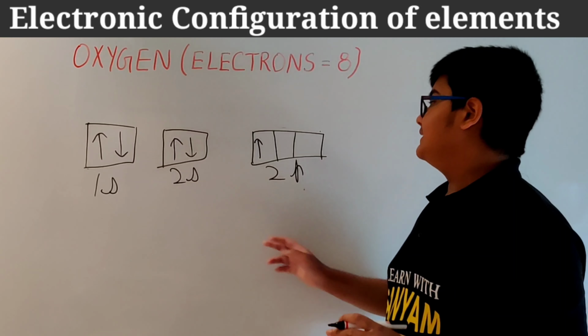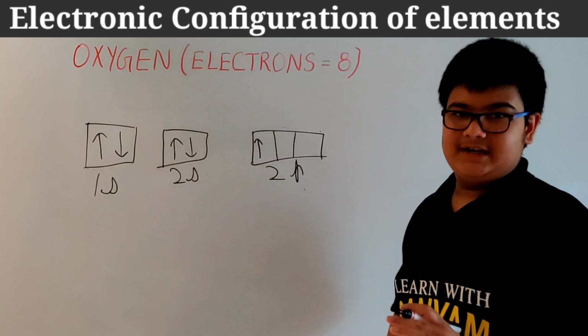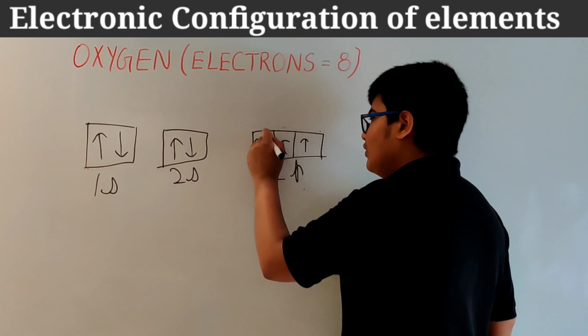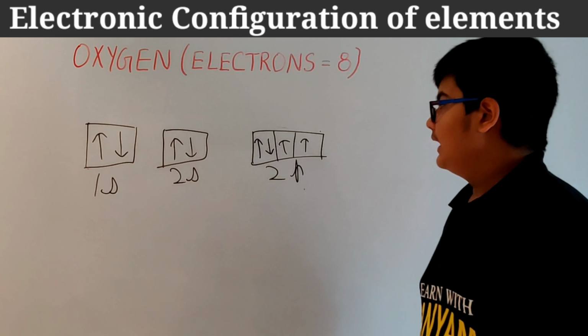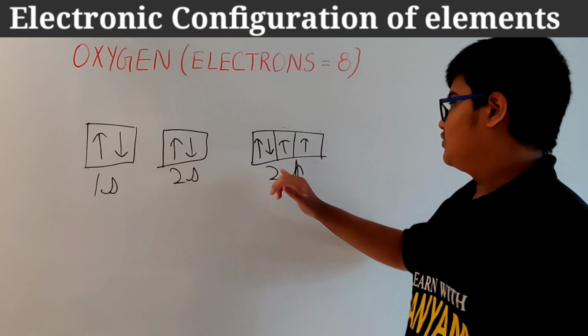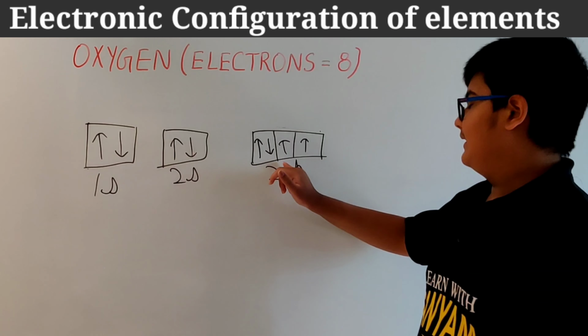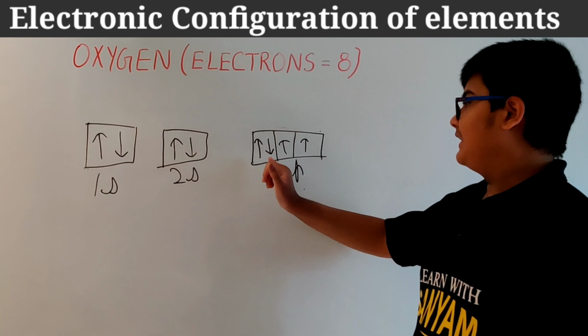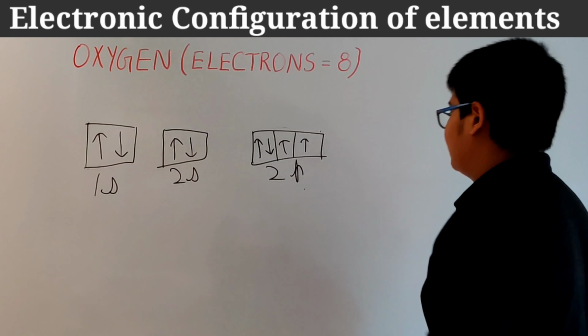So that's why the 2p orbitals will not be completely filled. So it will have 4 electrons. And we have arranged the electrons according to Hund's rule. So first we have put 1 electron each in all the orbitals, and next we have put the 4th electron in the first orbital.